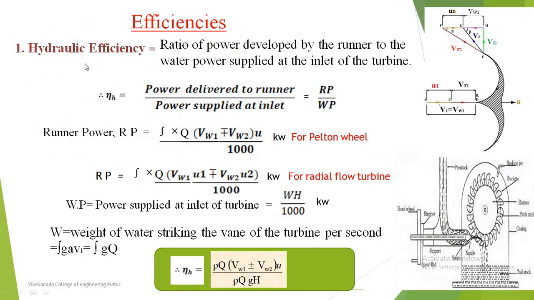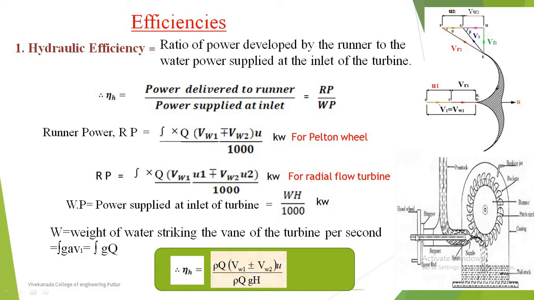Next, efficiencies. Hydraulic efficiency is the ratio of power developed by the runner to the power supplied at the inlet of the turbine. Look at this. This is a Pelton wheel. To rotate this runner, some water needs to strike here, right?